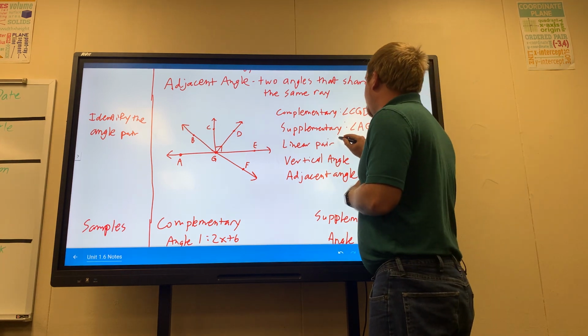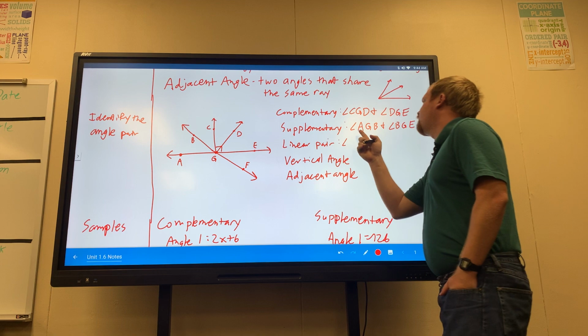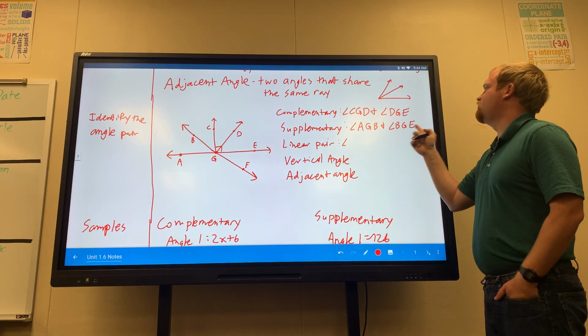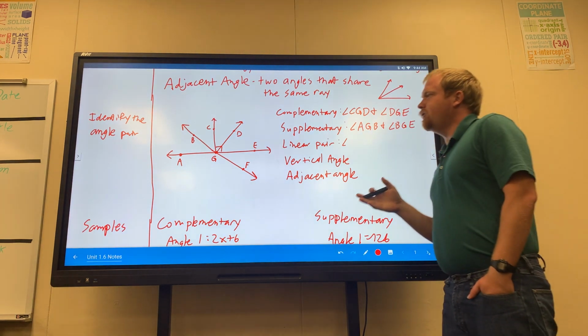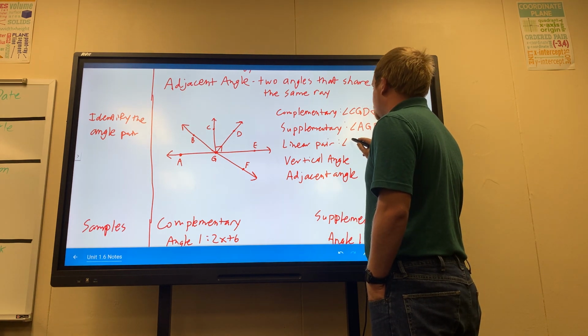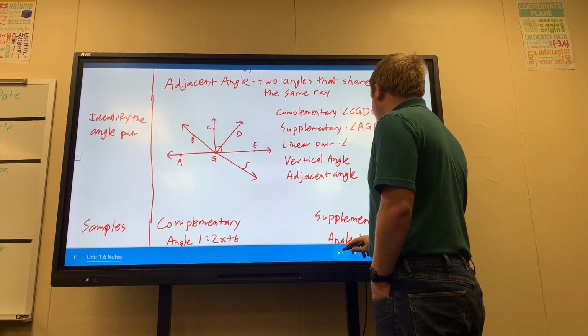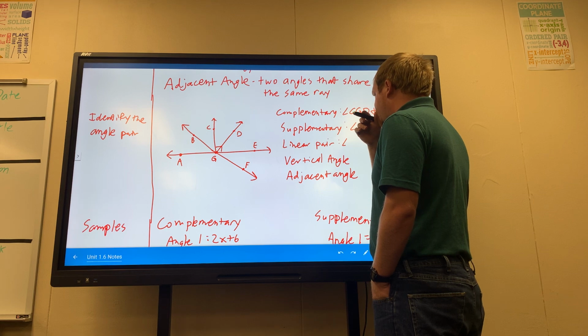Now, another pair of linear pair, we can say the same thing as AGB and BGE, but I want to do something a little bit different. I want to say, no, I'm sorry, I don't want to throw you off.